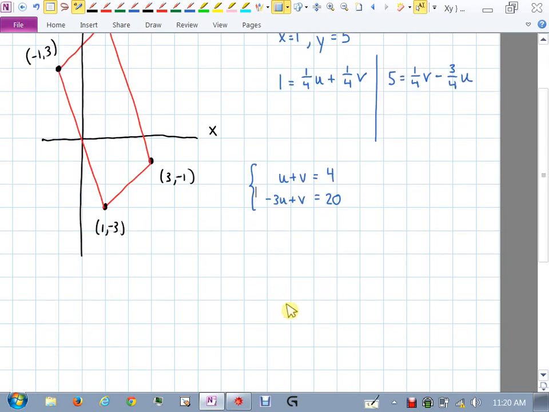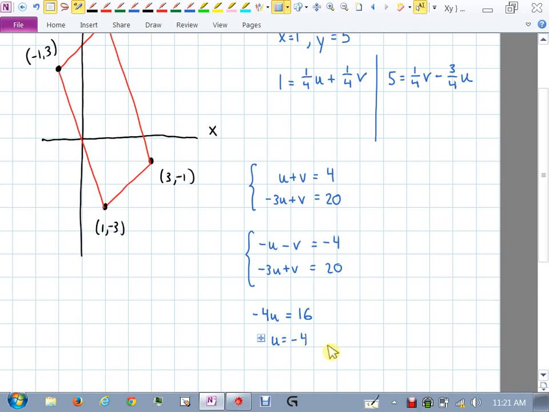But if I were doing it, to make my V's cancel, I'd multiply the top row by -1. So I'm using the elimination technique. Leave the second row alone. Now the V's will cancel if I add straight down. I get negative 4U equals 16. So U must be -4.